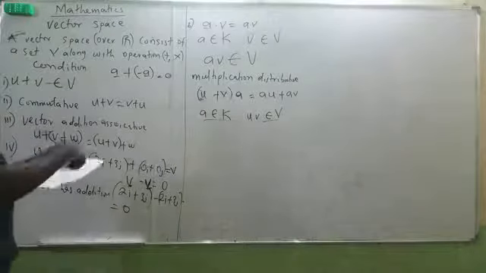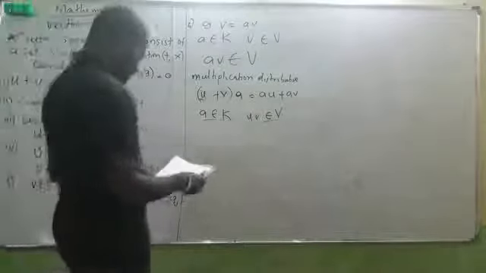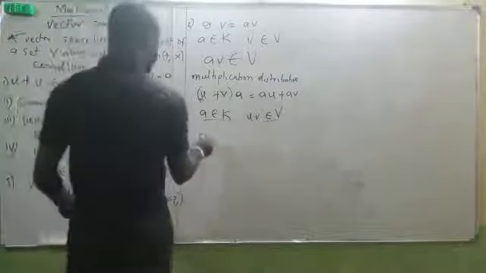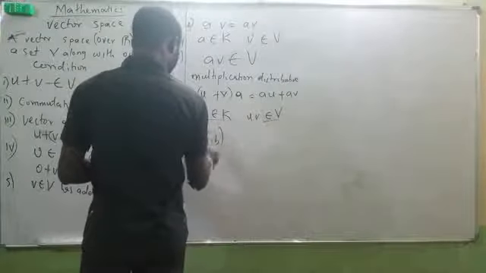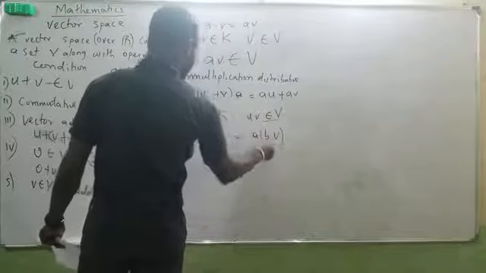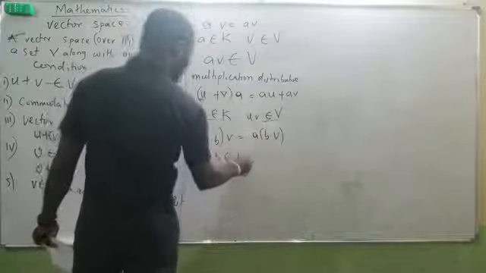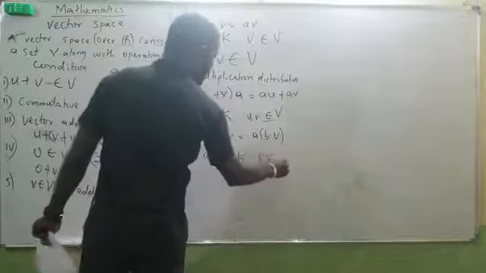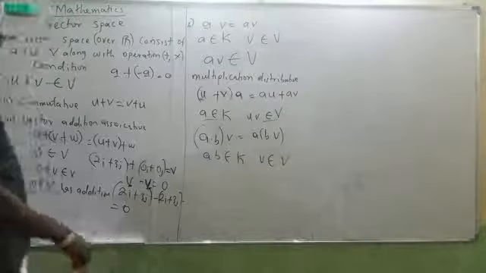And we have what is called left distributive and right distributive. And also we have (a dot b) of v can also be equal to a(bv). Here a and b are scalars and v is a vector. Take note of that.